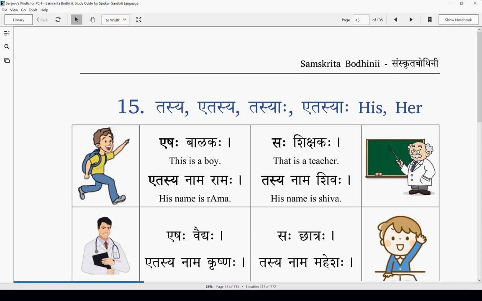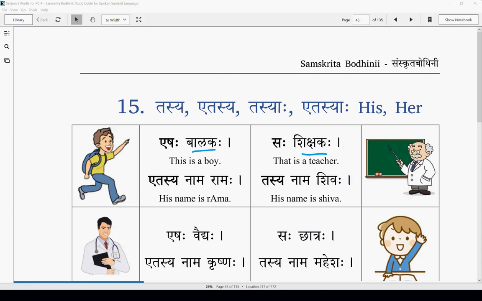Sarvanama Shabda is pronoun. So Eshaha, Saha. When we say Rukshaha or Balakaha or Shikshakaha, these words are not pronouns. They are just nouns, Namapadam, referring to specific objects. Whereas Eshaha, Saha are Sarvanama, pronouns.